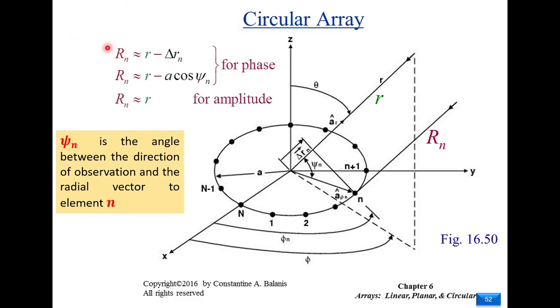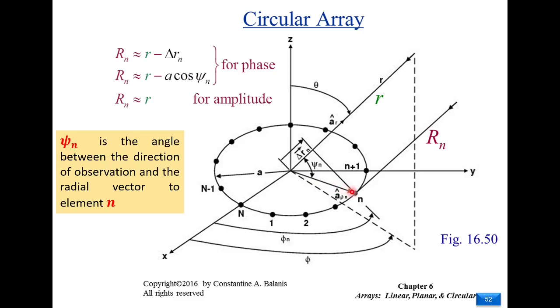The distance r from the element to the observation point equals R, which is from the origin to the observation point, plus or minus delta r. For example, this element has Rn, which equals R from the origin minus this delta. From the geometry, you can see this is a right angle triangle, so this is 90.